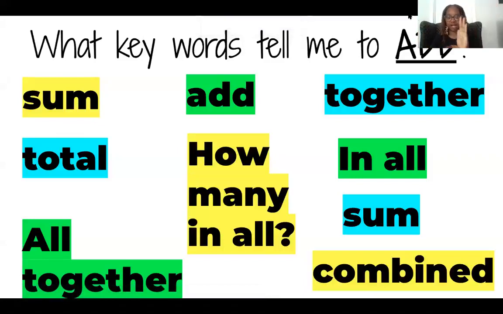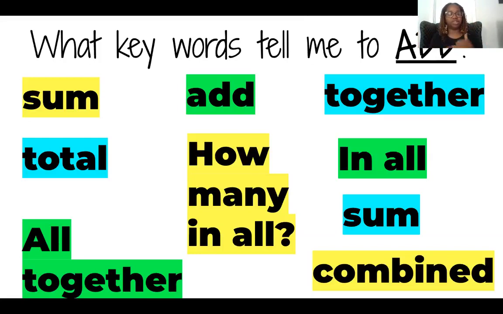And then inside of that, have them write these words out: sum, total, all together, add, how many in all, together, in all, and combined. They can have them all on that one sheet, or they can get index cards and make a card for each of their keywords.